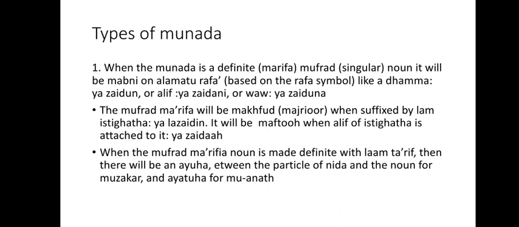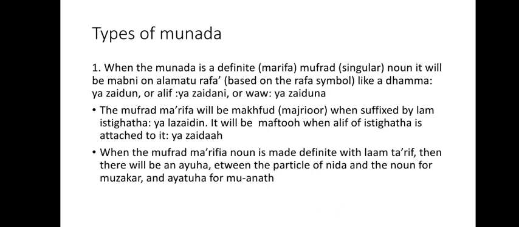So the mufrad ma'rifa will be marfu normally, but if it is suffixed by a lam, which is used for istighatha, for seeking help, like ya la Zaydin, oh Zayd, I'm calling Zayd because I need his help, and the lam is there before Zayd, then it will be makhfud, which just means majroor. So it'll be represented by a kasra when it is sahih. It doesn't have harf illat at the end.